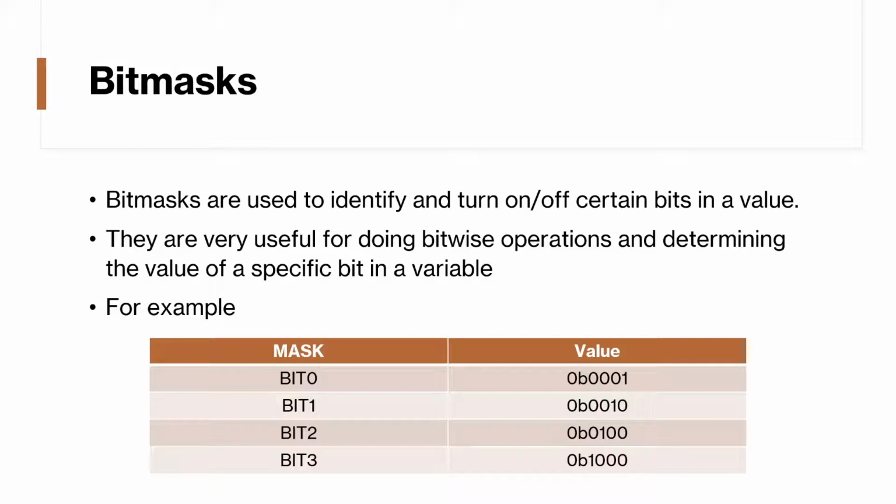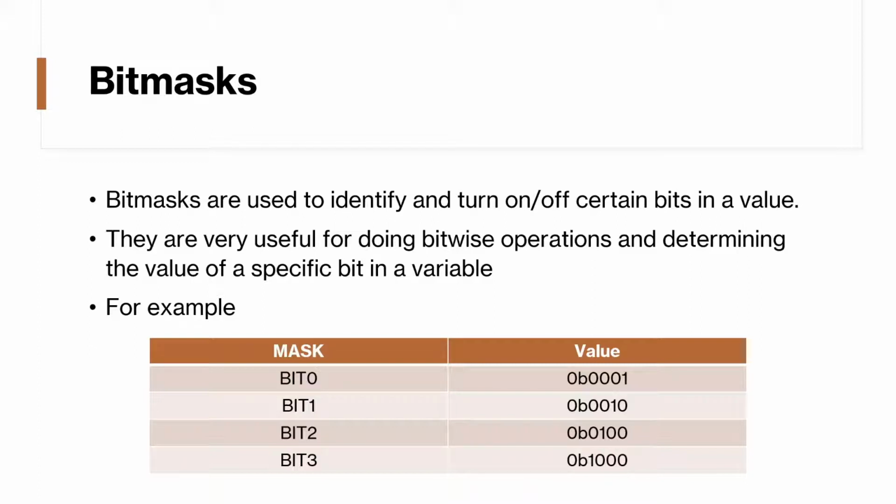So here we have a table that shows a couple of masks called bit 0, which is the rightmost bit, bit 1, which is the second bit from the right, bit 2, which is the one right to the left of that, and bit 3, which is the leftmost binary bit. Now, they don't just have to have a single 1 in them. It can have multiple ones.